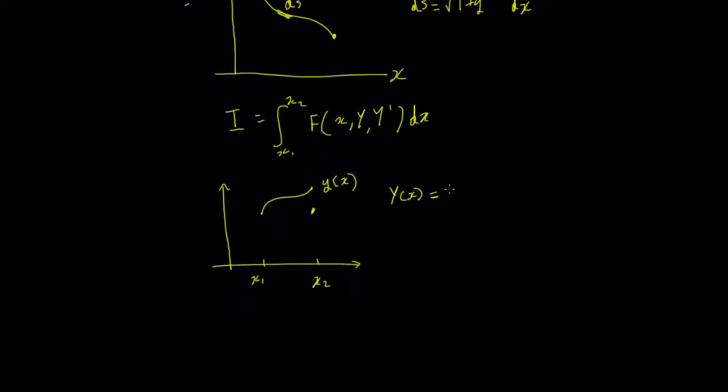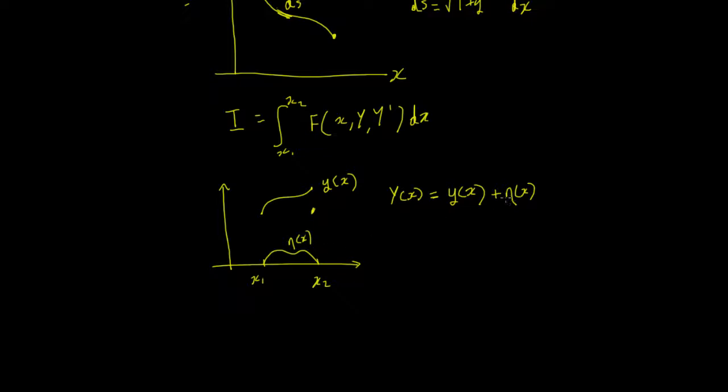Now we'll let that large Y of x equal small y of x, which is this one here, plus some other function, we'll call it eta of x. Now eta of x can be any function. Let's say for example there's one there. Now that there is our eta of x.